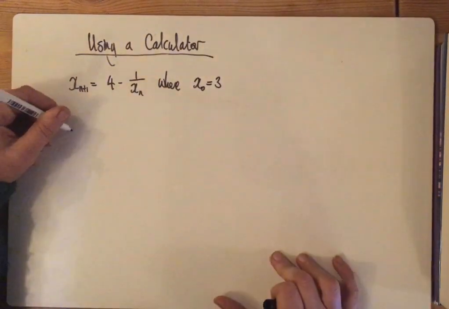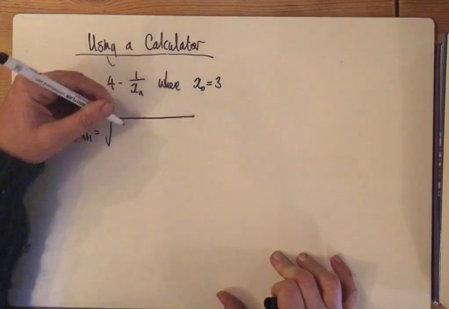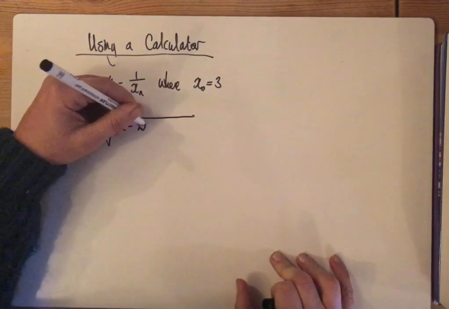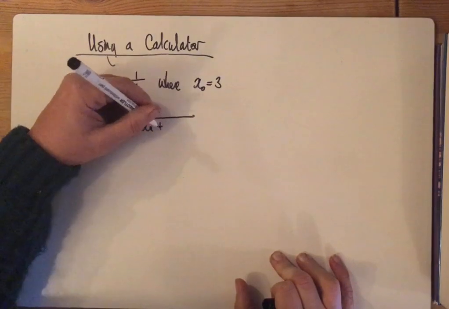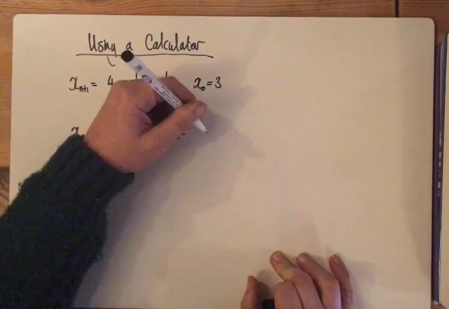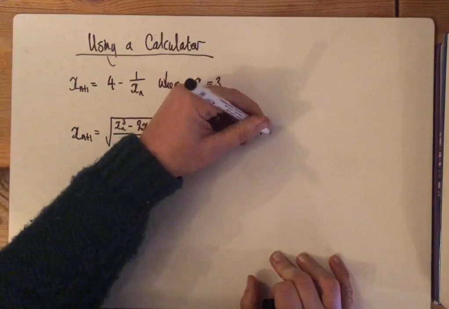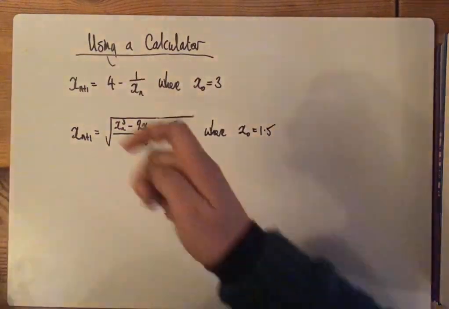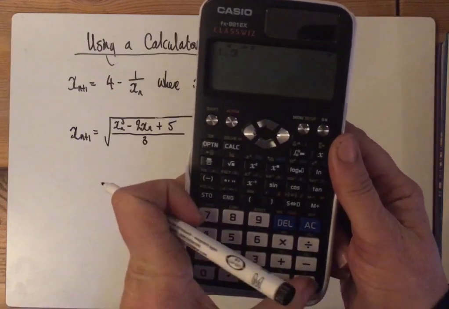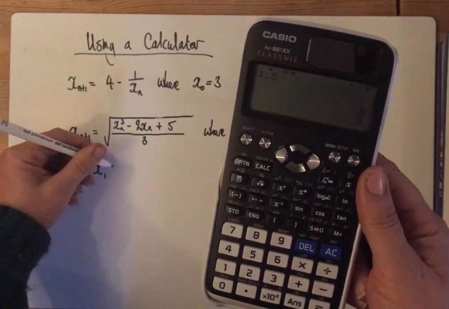So if I just do one more, x_(n+1) equals the square root of (x_n cubed minus 2x_n plus 5) over 3, where the starting value is 1.5. I've kept my examples the same as your book, so you're welcome to have a look in your book as well. So same thing, you do 1.5, press equals, that's stored it there, and then the next one along is x_1.